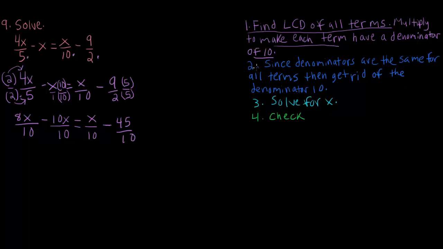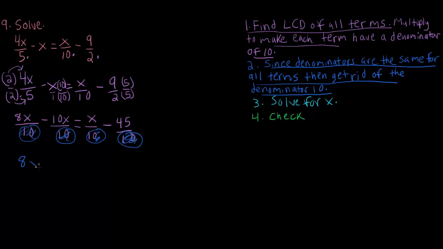And if we look at step 2, it says since the denominators are the same for all terms, then we can get rid of the denominator 10. So in this equation, all 4 of these denominators are now the same. So we can get rid of them.